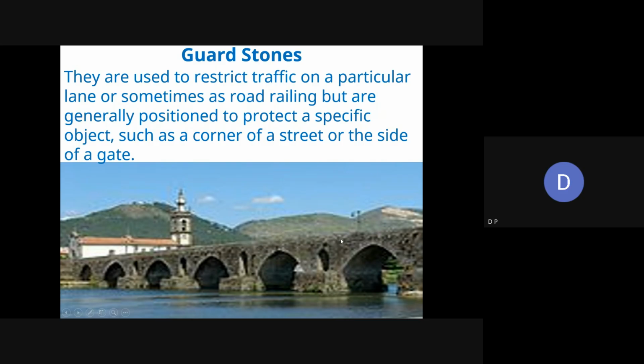Guard stones are stones placed on the edges. They are used to restrict traffic on a particular lane or sometimes as a road railing, but are generally positioned to protect a specific object such as the corner of a street or side or a gate.